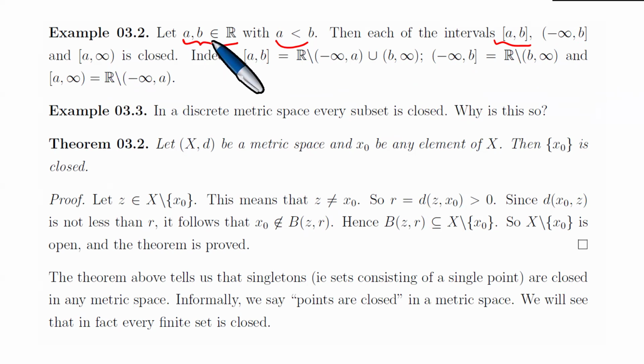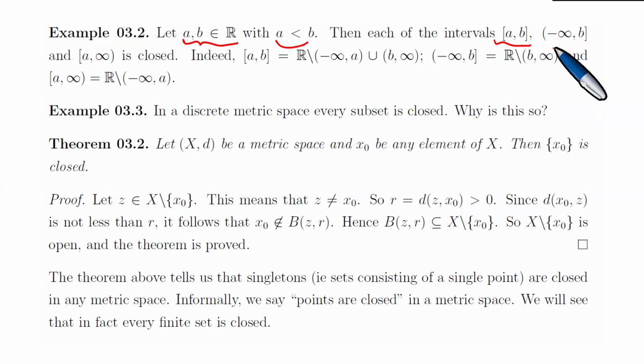So we let a and b be real numbers with a smaller than b. Then each of the intervals, a to b including the boundaries, but also minus infinity to b, and also a to infinity.